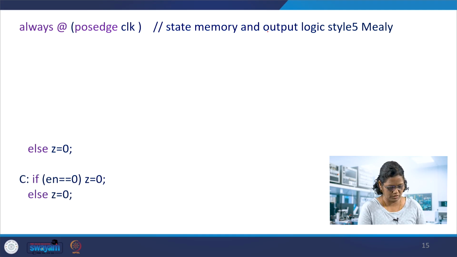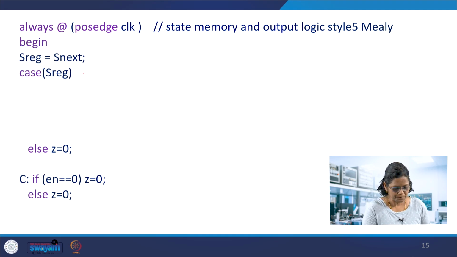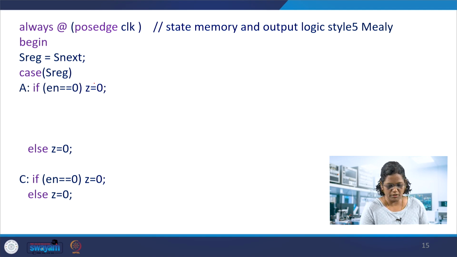We just declare this SREG here. SREG is the current state, which is getting S next from the next state logic. So the next state logic is going to be in some other always block, that would be a separate one.